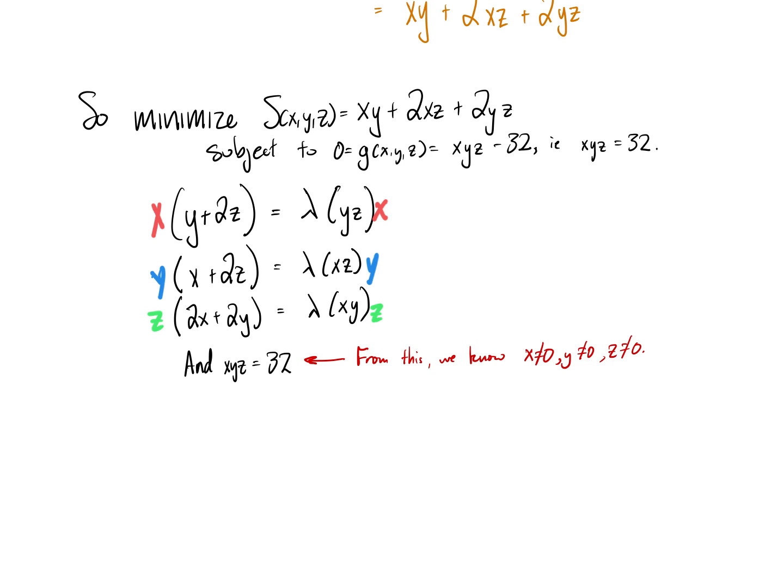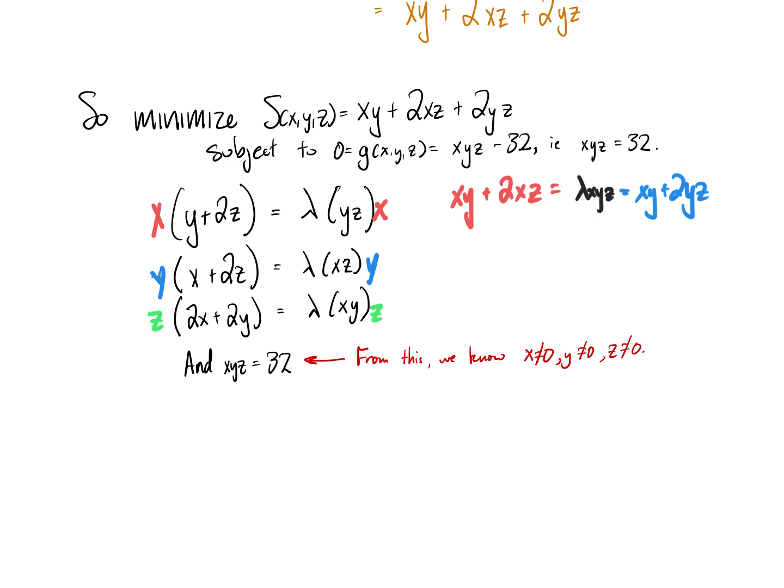And so we know each of these are equal. So let's take the first and the second. On the left side, if we multiply x through, we get xy plus 2xz equals the right-hand side, which is lambda xyz. But this equals the left-hand side of the second equation, which is, once we distribute the y, xy plus 2yz.